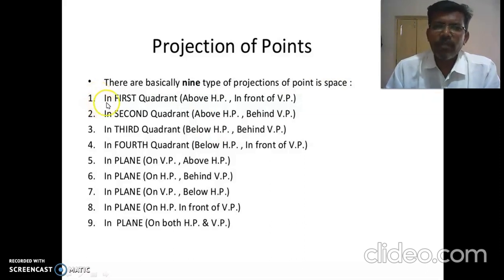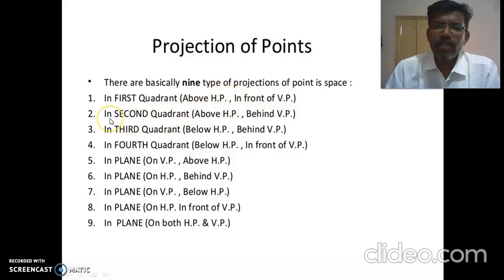The first one is in the first quadrant: the object is placed above the horizontal plane and in front of the vertical plane. I will clearly explain in pictorial form in the next slides what is above the horizontal plane and what is in front of the vertical plane.